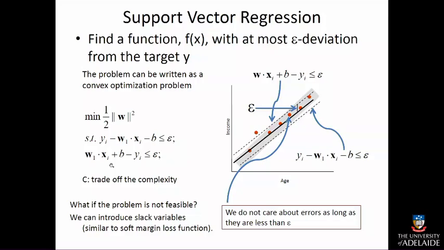Sorry, it should be only one W. I think this is a typo. We only have one set of parameter W, not W1.